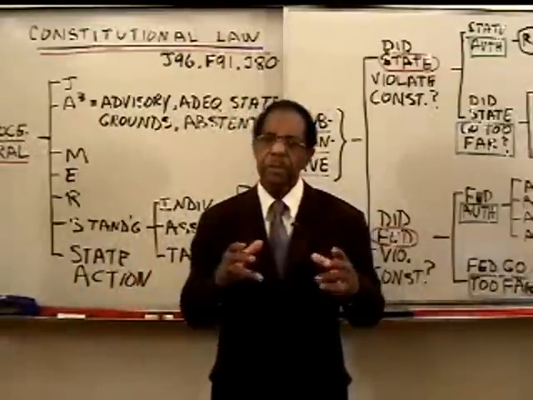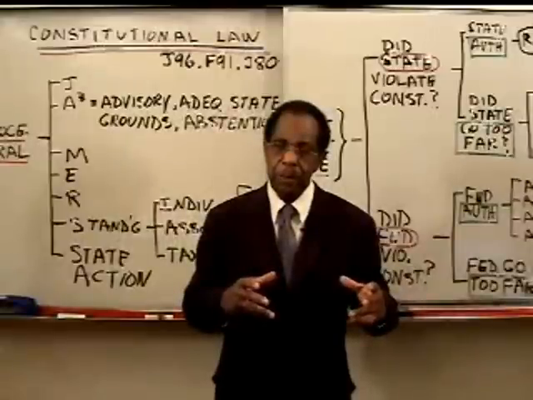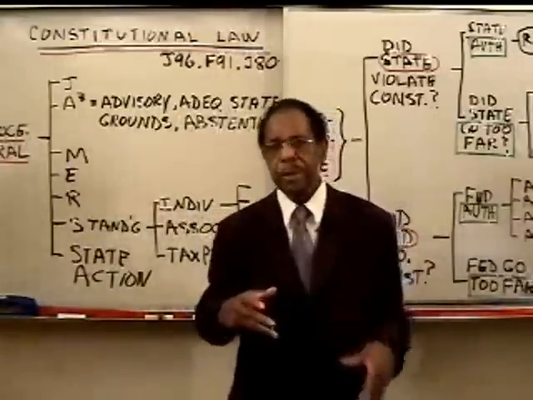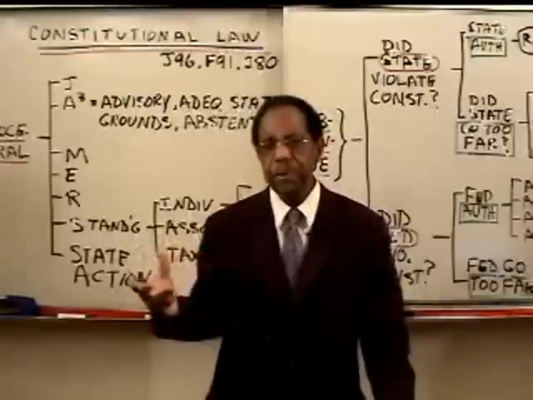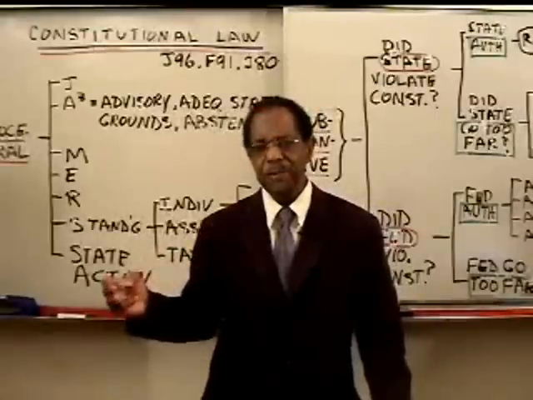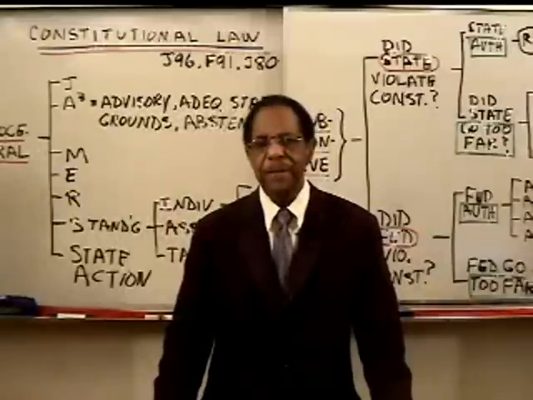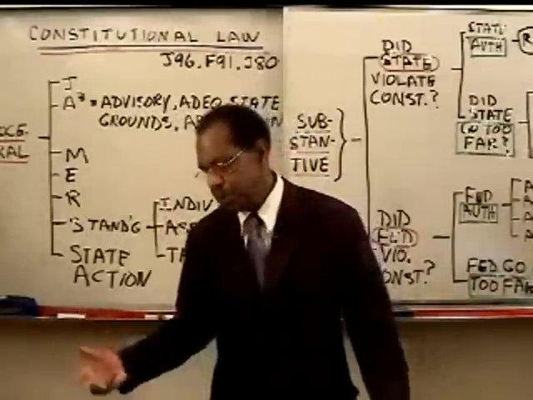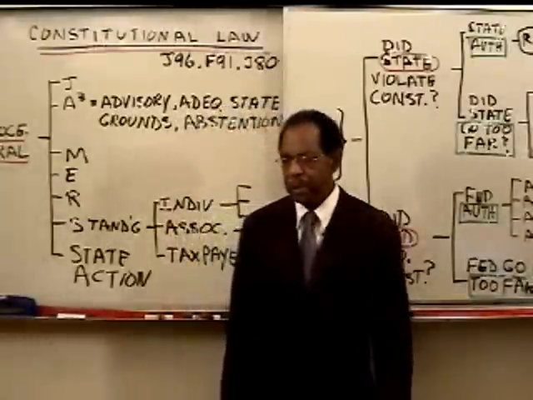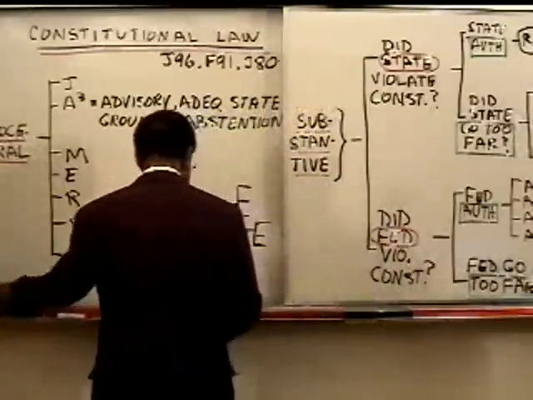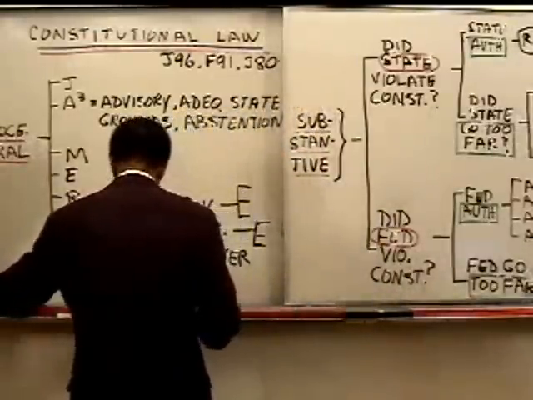Well, are you going to let the association sue, or are you going to let them have standing to assert the constitutional rights of its members? Well, actually that was not a good case. That case is better as a third-party standing case, and I really should put that, I'm sorry.